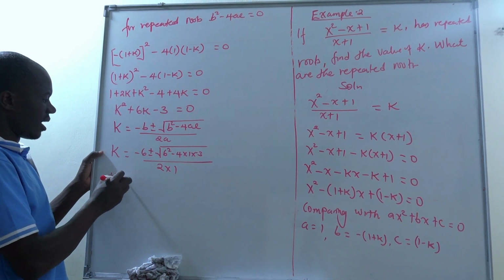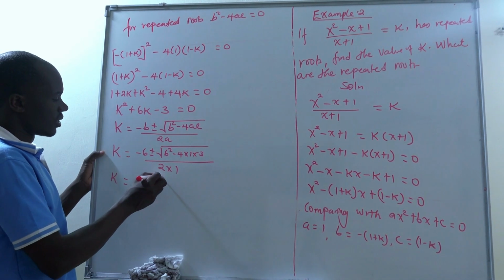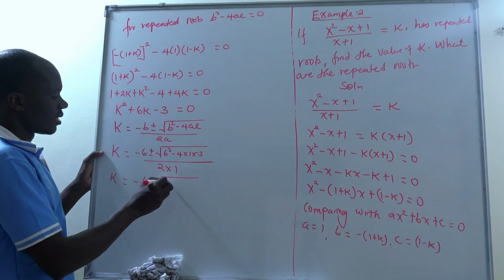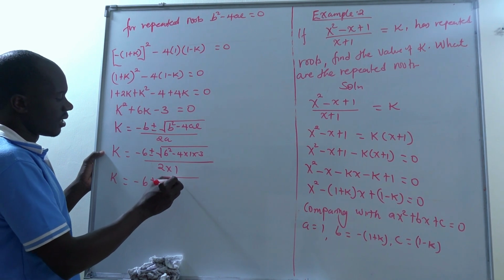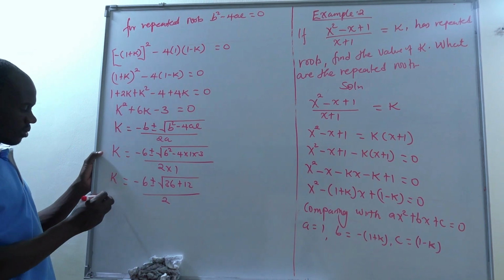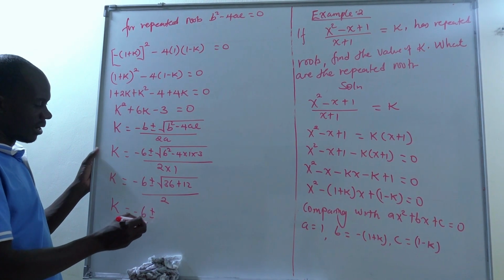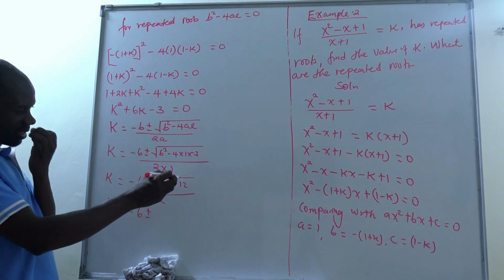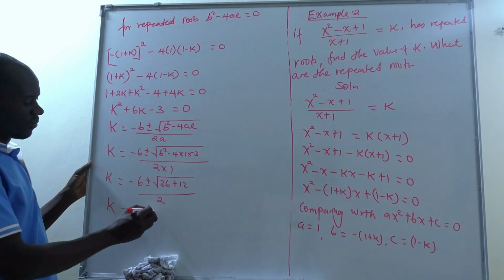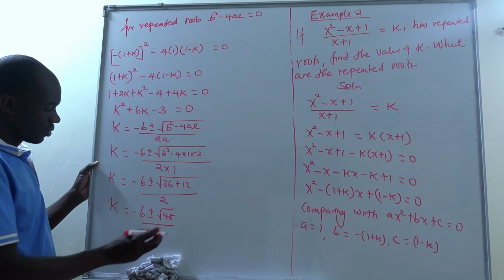This becomes negative 6 plus or minus the root of 36 plus 12, all over 2. So k equals negative 6 plus or minus the root of 48, over 2.